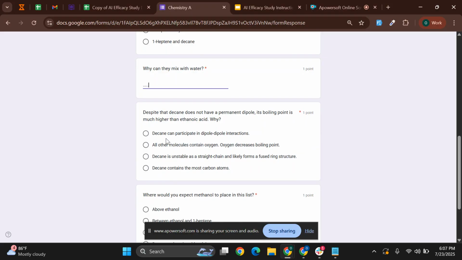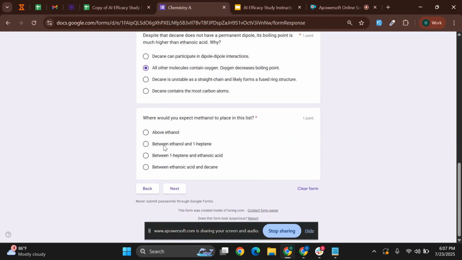All other molecules contain oxygen, so oxygen decreases boiling point. I will go with it. Random guess. Where would you expect methanol to place in this list? Between ethanol and 1-heptene, I think I will select this.